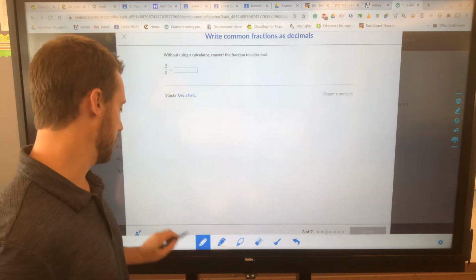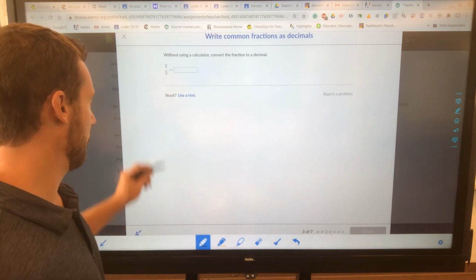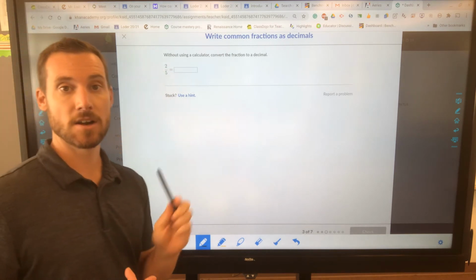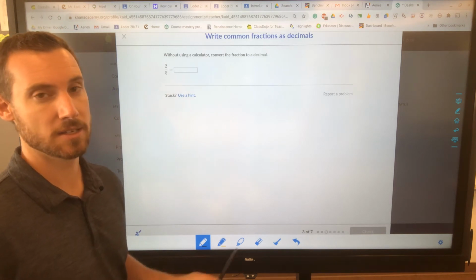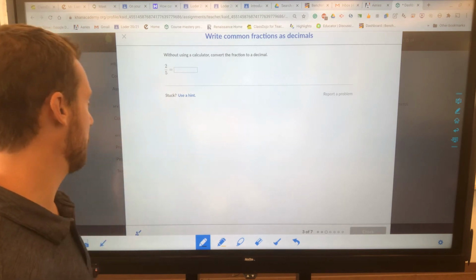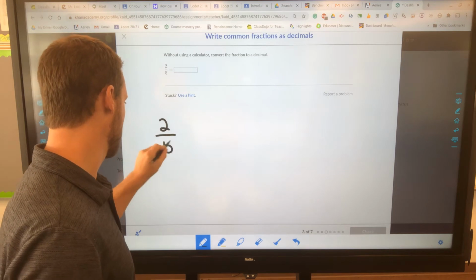Now let's take a look at how we would do it if we just wanted to get this 5 to become either a 10, 100, or 1,000, because that's what you need to get to decimal form. So if I wanted that 5 to become a 10, we've got 2/5.